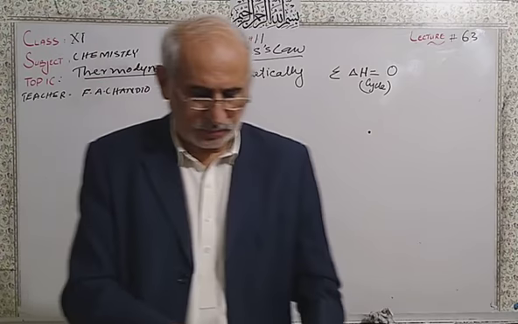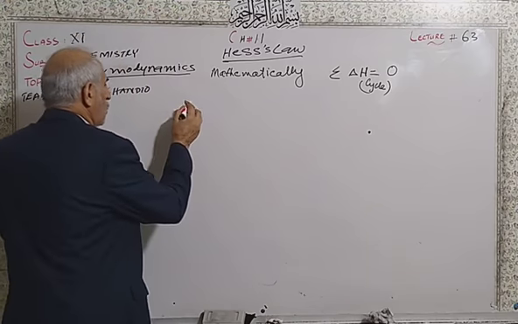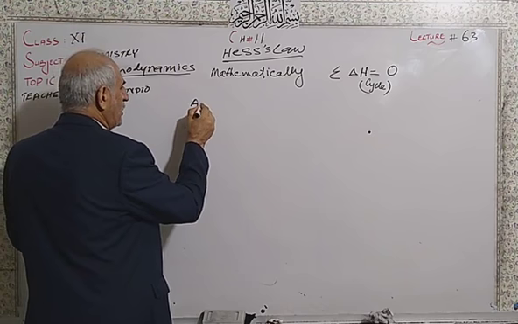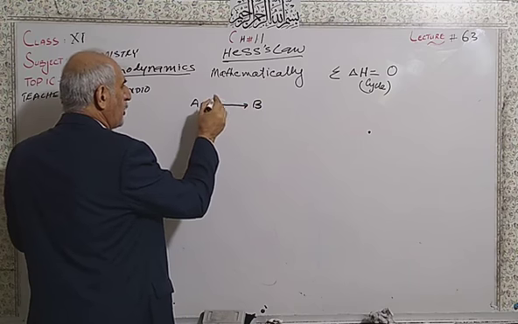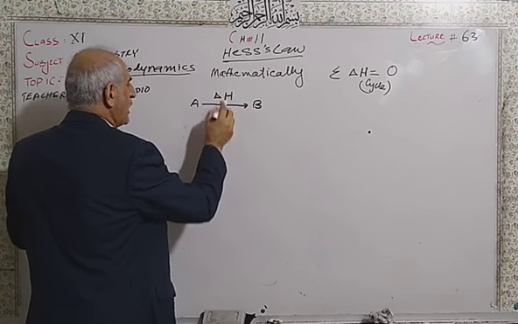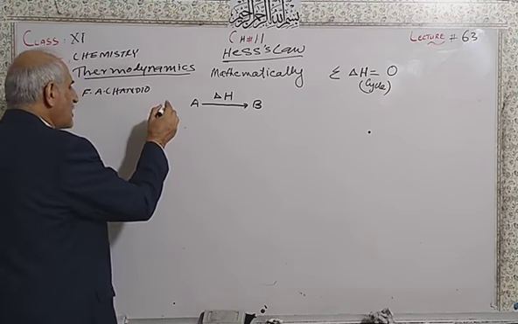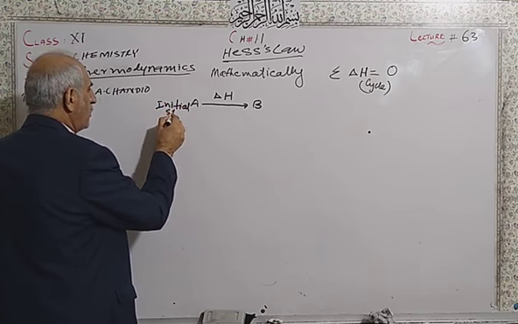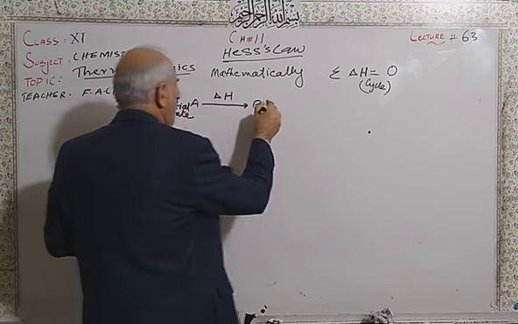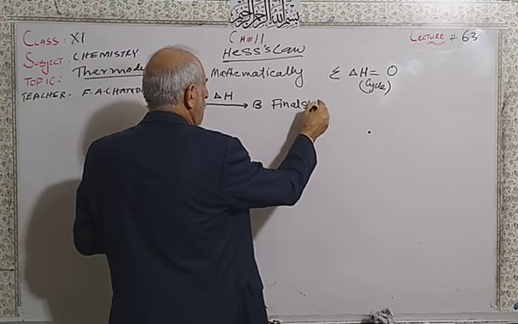Suppose we have a chemical reaction in which reactant A changes into product B, with a delta H. In one step, this is called the initial state and this is called the final state.